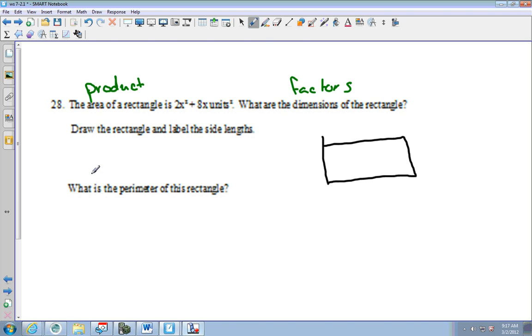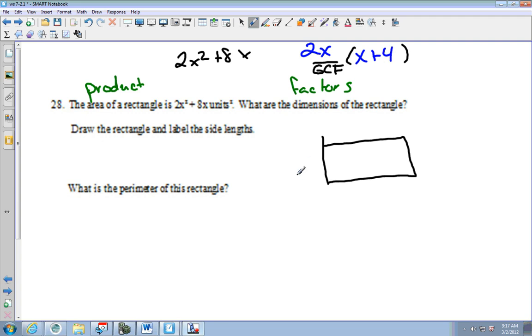So what I could do is let's factor this. Let's find my factors. And so I have 2x squared plus 8x. You're going to pull out your GCF and you're going to write what's left. Your GCF is going to be a 2 and an x. Well, what's left? 2x times what gives me 2x squared? X. 2x times what gives me 8x? Plus 4.